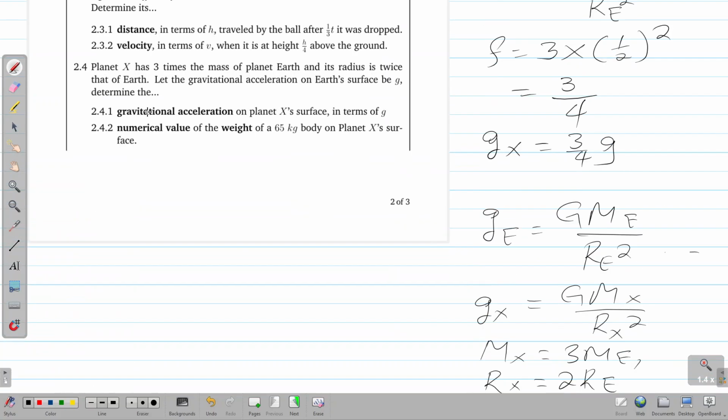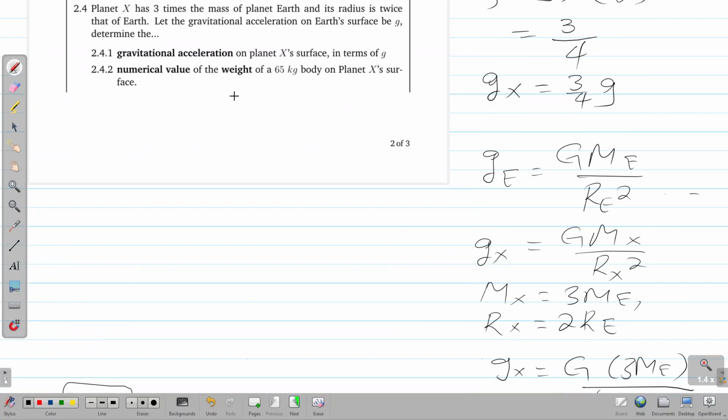Then if you have the mass of 65, so you want the weight, for 2.4.2, you note that weight is equal to mg, and we know that g is 9.8 meters per square second on Earth.